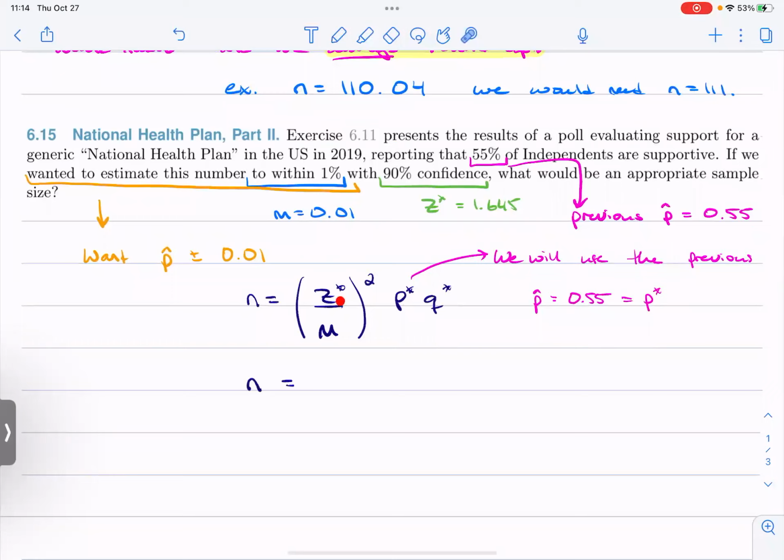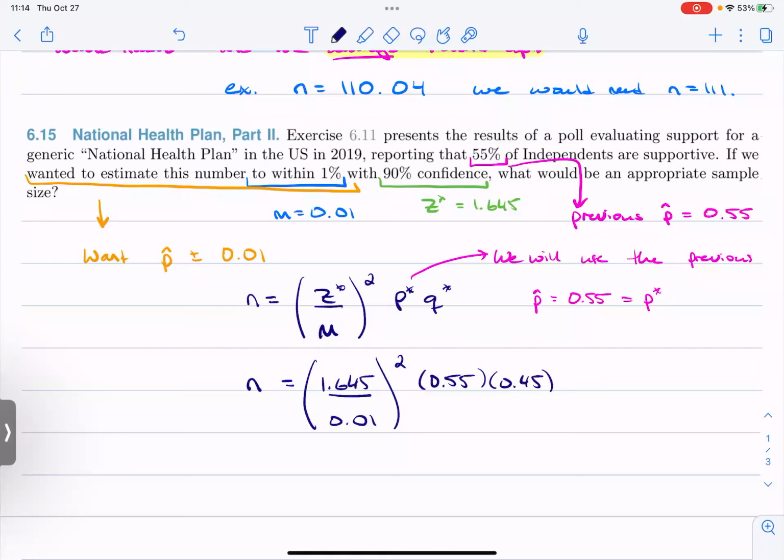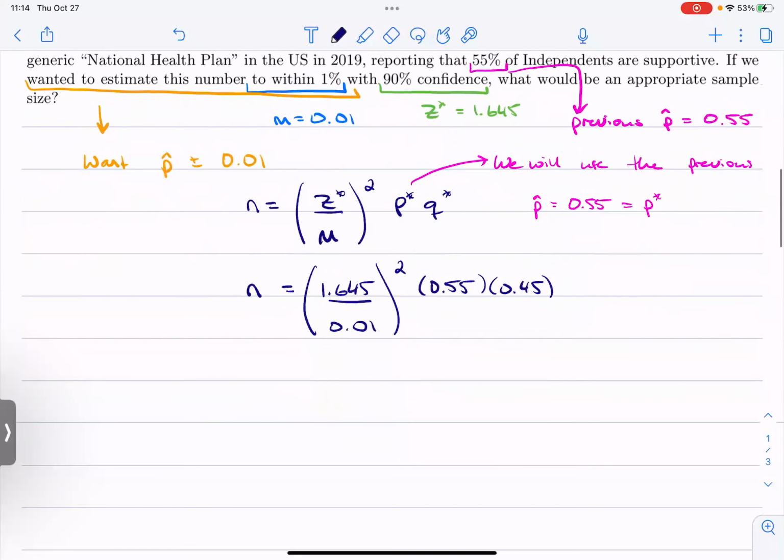I have Z star, I have M, I have P star, therefore I have Q star. So we're ready. Here we go. So I have 1.645 divided by 0.01, squared, times 0.55 times 0.45. Often I skip writing the 1 minus. Sometimes I do it. Unpredictable.